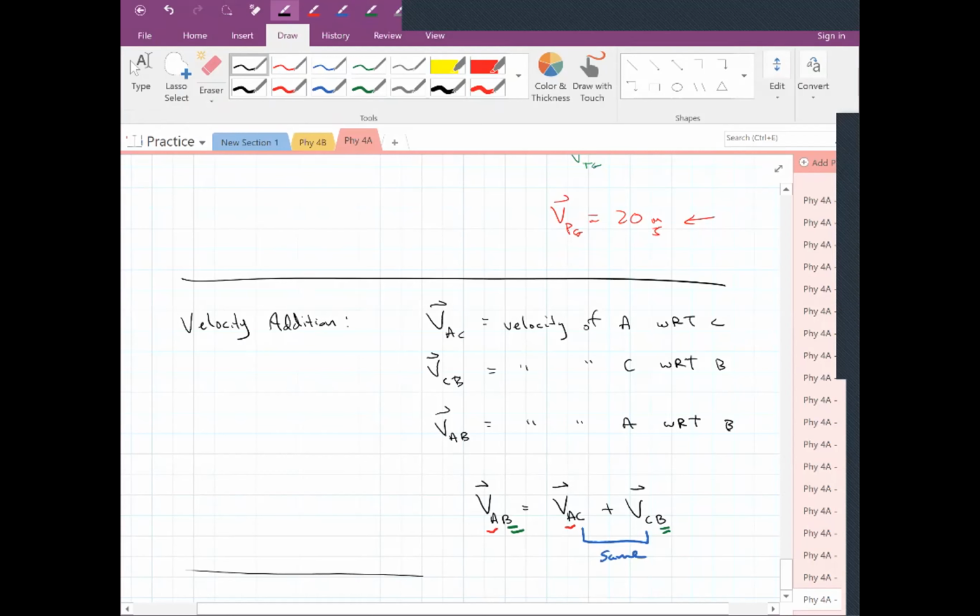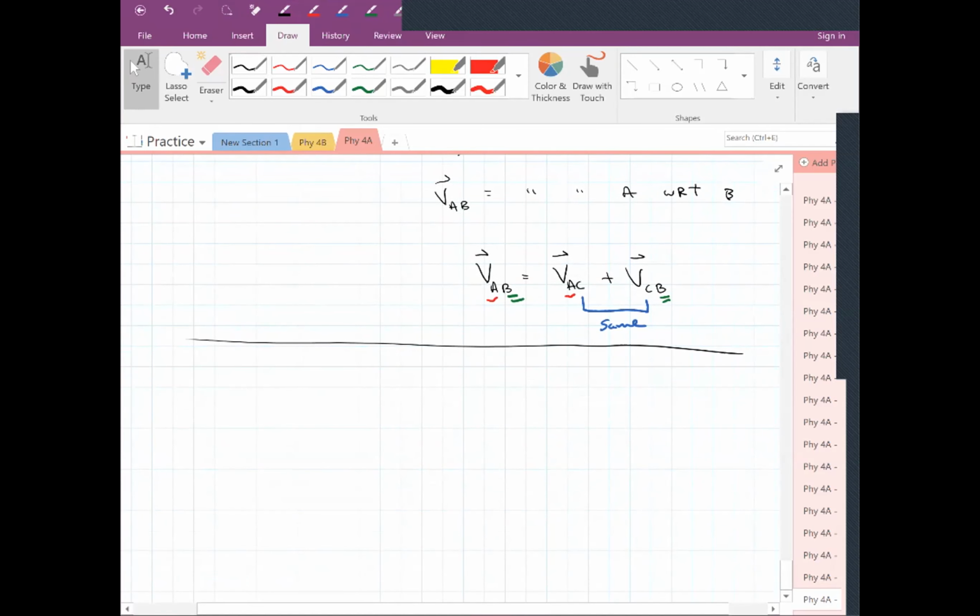So let's do a quick example or 2. Let's do a, what should we do? Boat crossing a river.